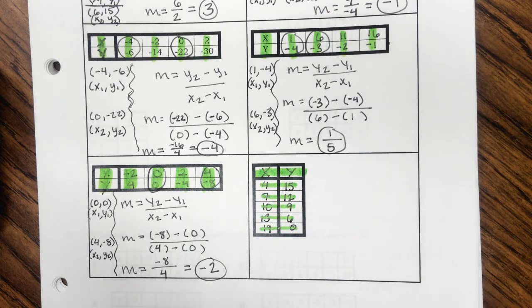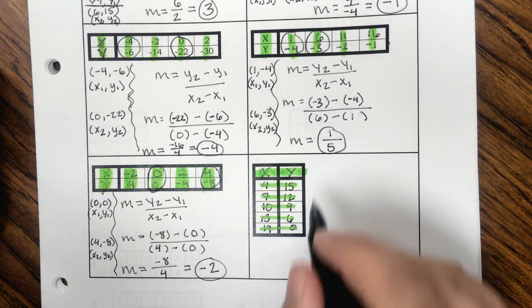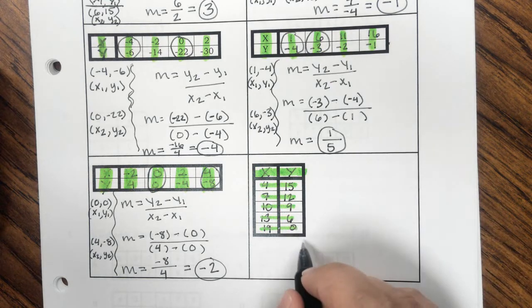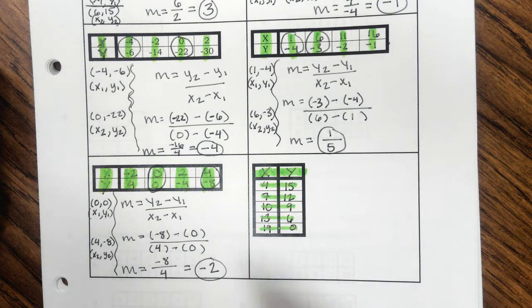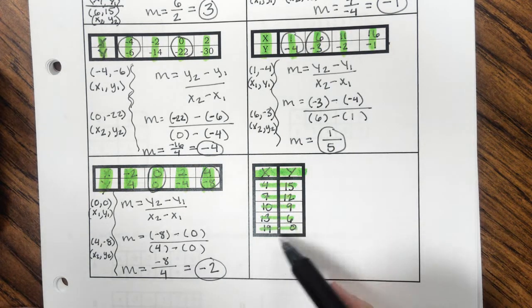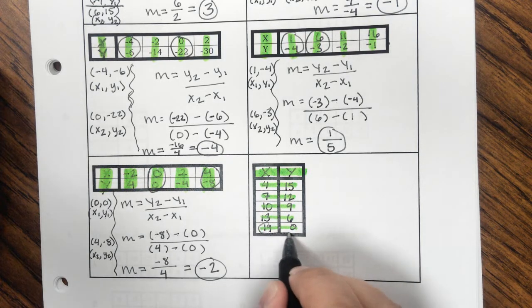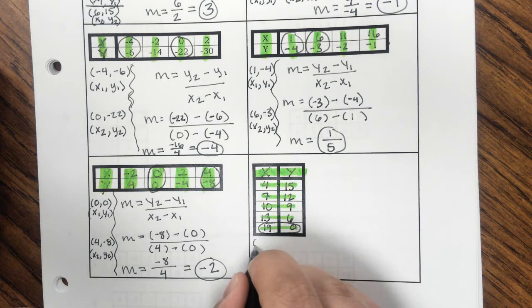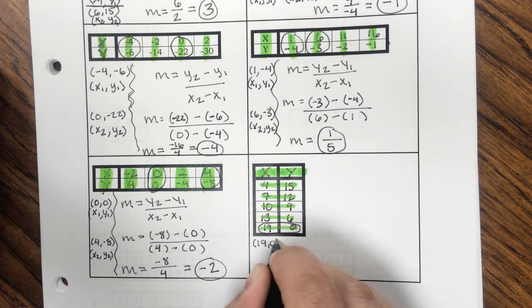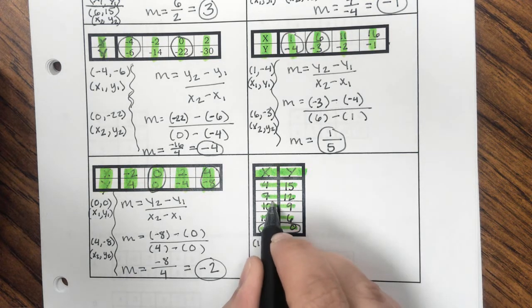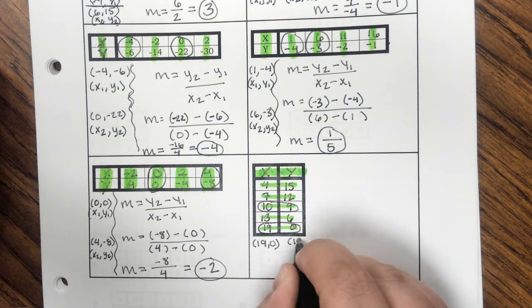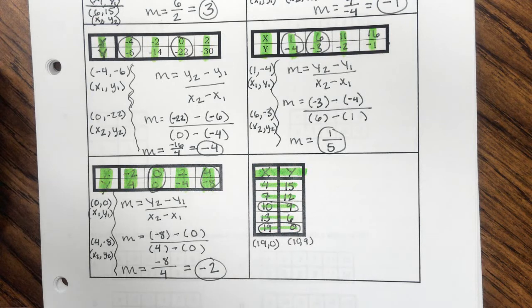We don't have a graph, so I have to use the slope formula, which means I need two ordered pairs. It does not matter which two ordered pairs you pick. I'm going to pick (19, 0) because I like working with zeros, and I'll also use (10, 9). Label these x1, y1, x2, y2.